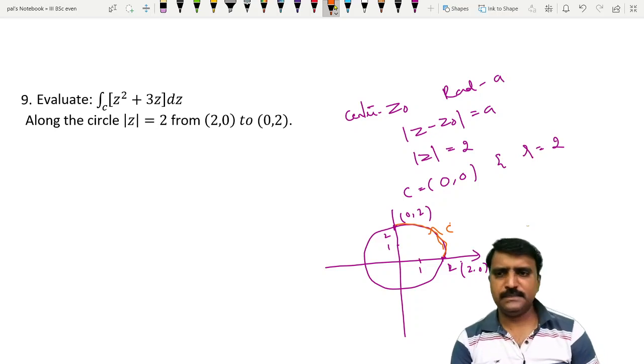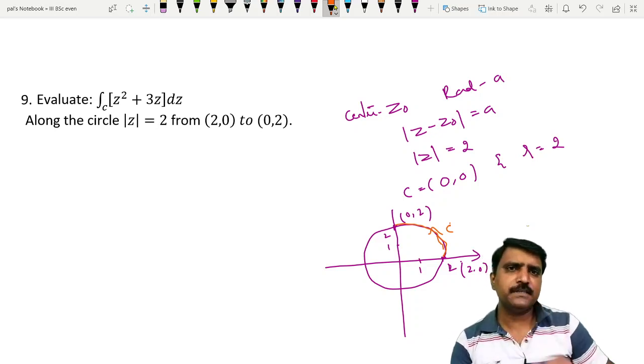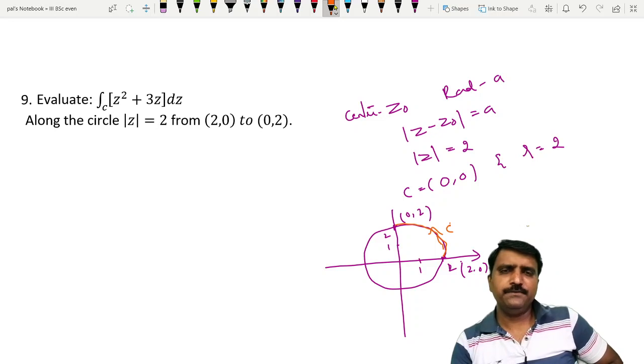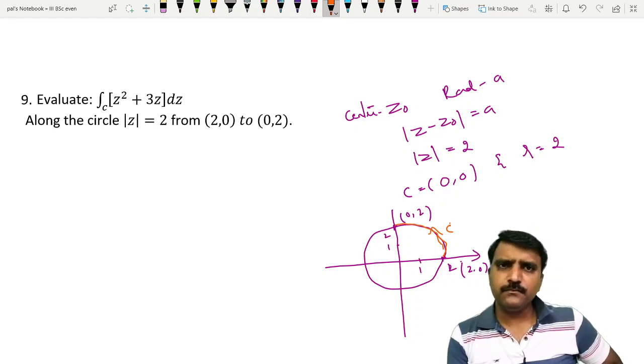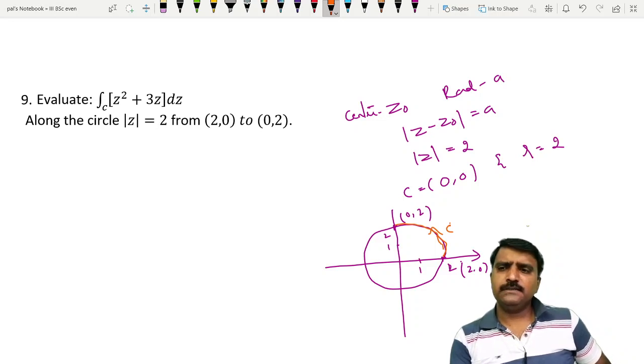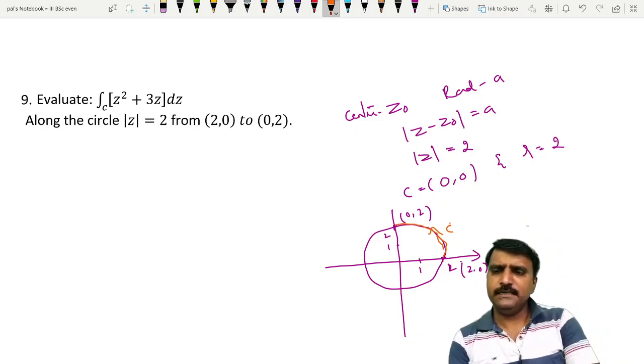To evaluate this, you can write the equation of the circle in parametric form. Its center is the origin, so x is equal to r cos theta, y is equal to r sin theta. But in this case, mod z is equal to 2.